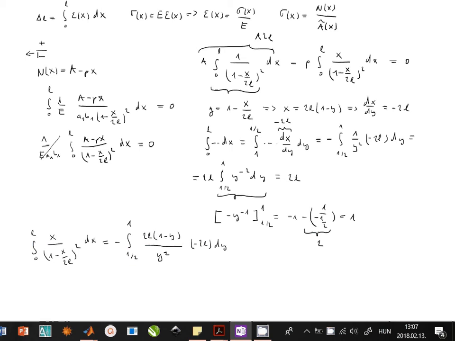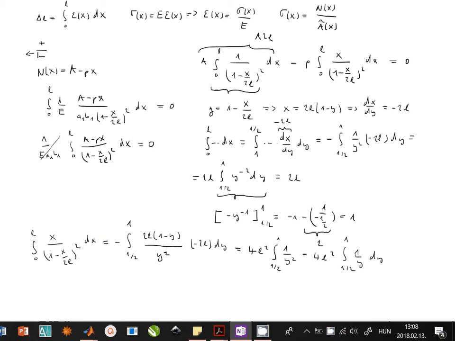So here we see that this is actually 4L squared times the integral from 1 over 2 to 1 of 1 over y squared, minus 4L squared times the integral from 1 over 2 to 1 of 1 over y dy.